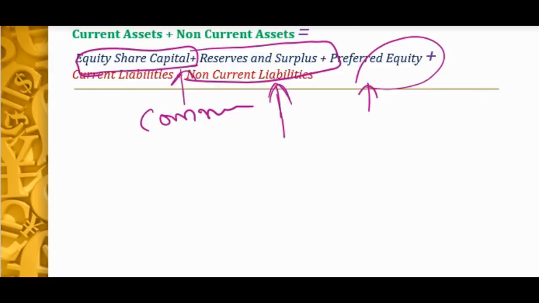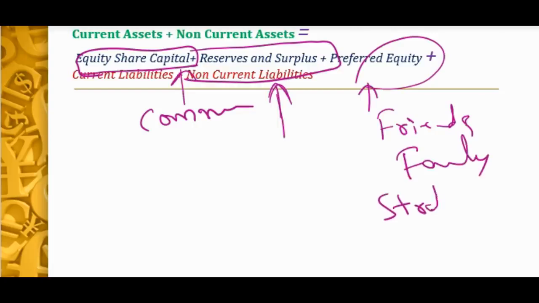And what is preferred equity? Let's say you have taken some equity funds from friends or family or some strategic partners. Why do we call them preferred equity? Because once you get profits, first you are going to pay these people.